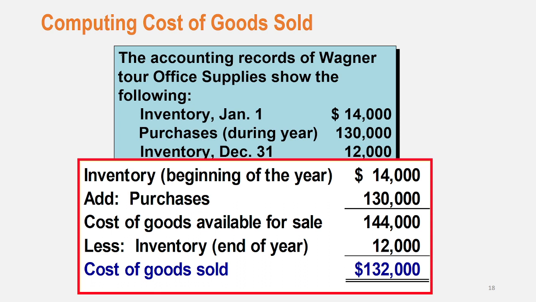So here we want to compute cost of goods sold using some simple accounting resources. And this is an essential skill for everyone looking to understand the basics of business finances.